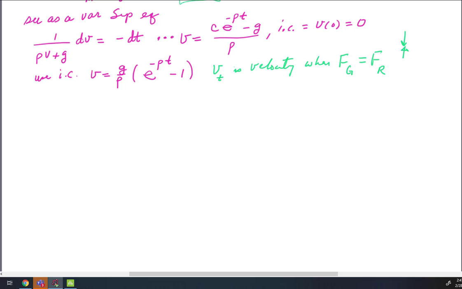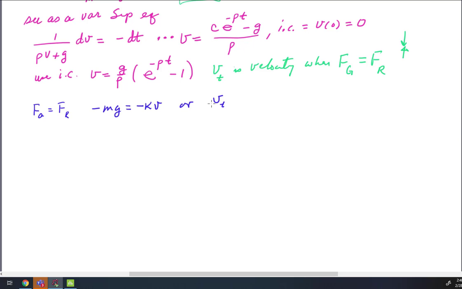why we can write. So we can set Fg equal to Fr and solve for V. So this would be minus mg is equal to negative kv, or V, when these things are equal, then the V would be Vt.